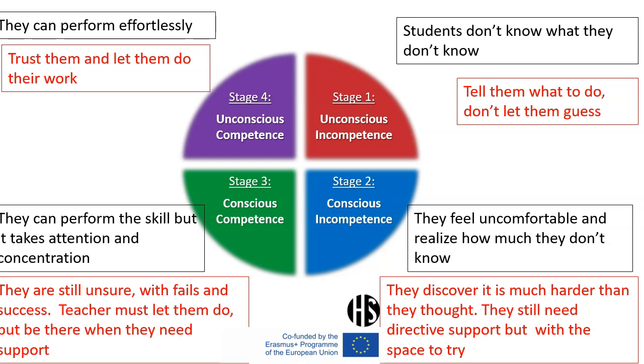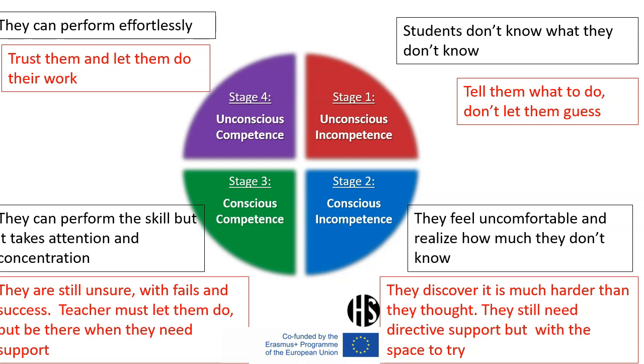Stage two is conscious incompetence. They feel uncomfortable. Really, this describes the students when I follow them and they realize how much they don't know. They discover it is much harder than they thought. Still, they really need direct support, but with some space to try. In the third stage, they can perform the skill, conscious competence, but it's really with attention and concentration.